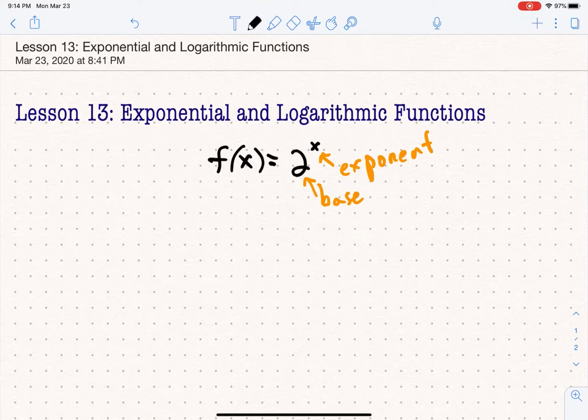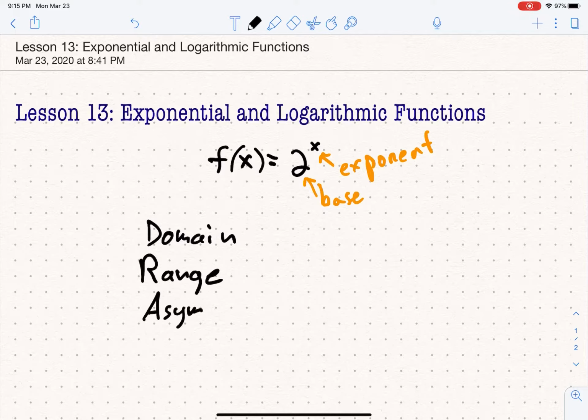And we want to talk in the graph about the domain, the range, any asymptotes, and any intercepts. So we're going to go back, we're going to look at the graphs of a bunch of these, and then we're going to come back here and fill in what we've learned about those items. Here we go.